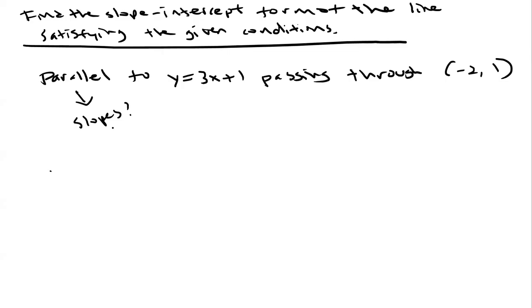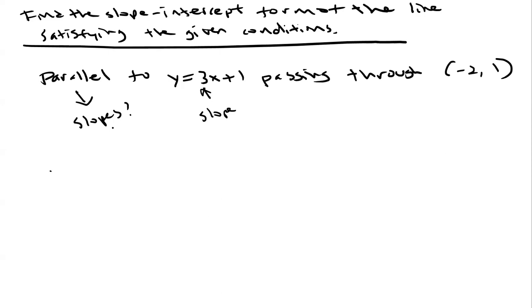What's my slope here? 3, right? This is the only equation they gave us so far. So our slope is 3. We want to find something that's parallel to this, passing through -2, 1.